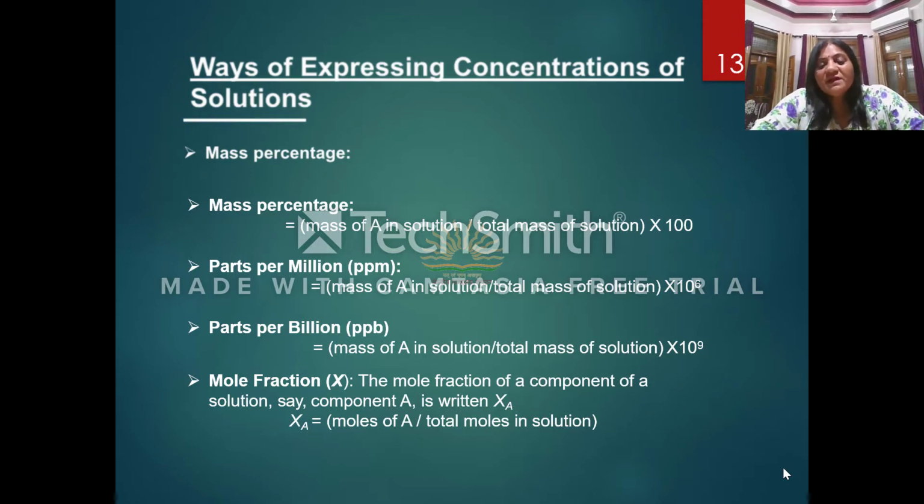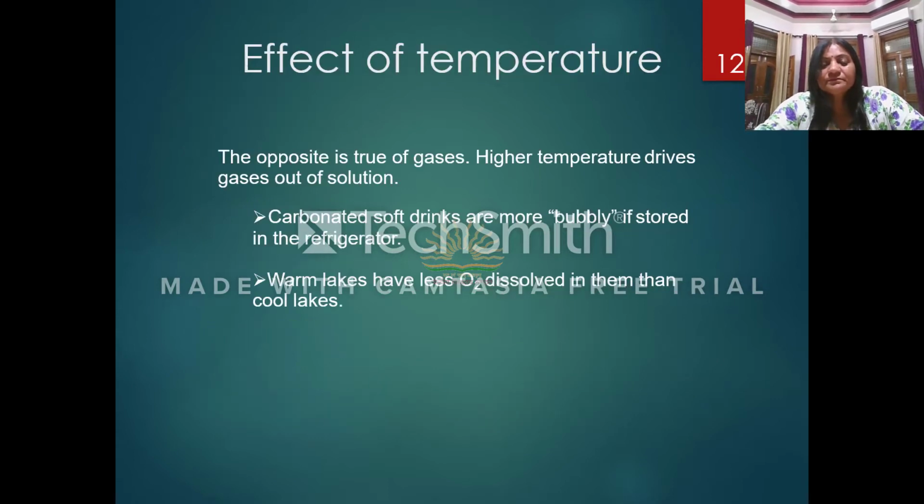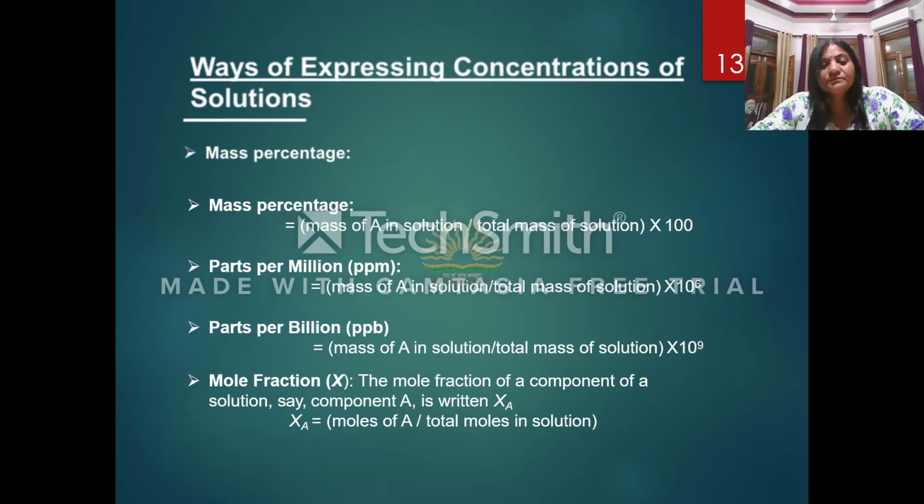When A plus B form the solution AB, then the mass percentage of component A is the mass of A in solution divided by the total mass of the solution, into 100.